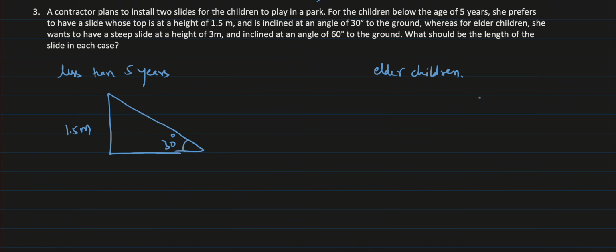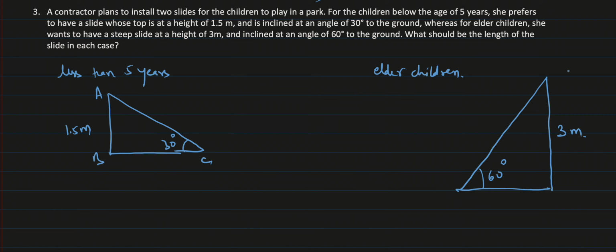But for the elder children, she wanted a bigger one, and a little steeper slide. This angle is 60 degrees, and this is 3 meters. Let me name it A, B, C, and P, Q, R. She wants the length of the slide, so AC and PR.